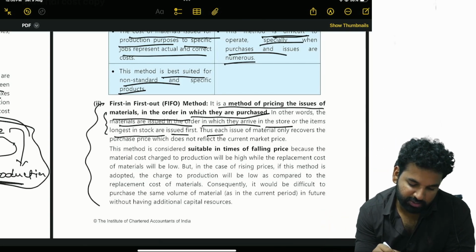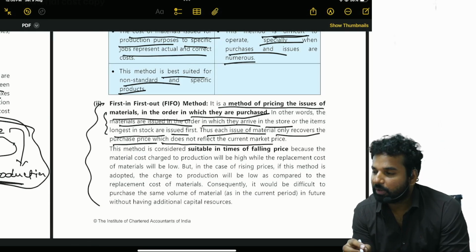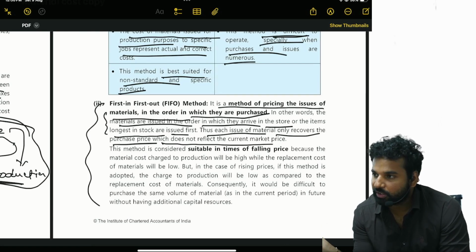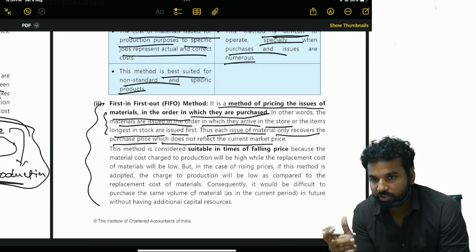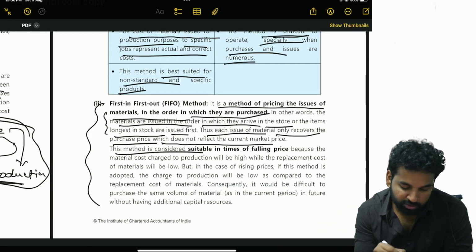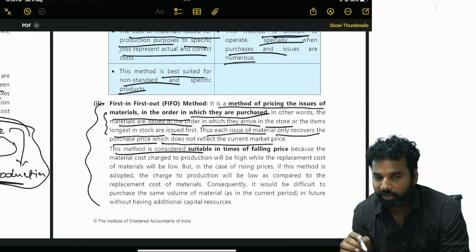Thus each issue of the material records only the purchase price, which does not reflect the current market price. The market price may be 7 this day, but if you are issuing the first day's material at ₹5 each, then it is obviously not reflecting the current market price. This method is considered suitable when prices are declining, not inflating.